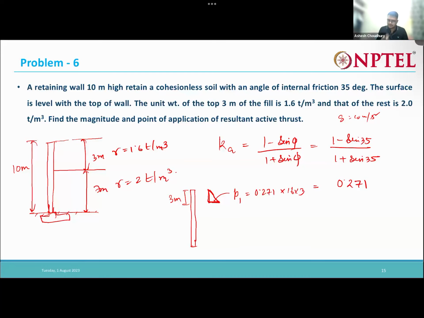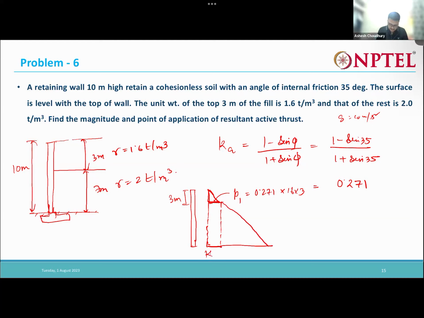Say we are plotting the pressures in this direction. So this is P1. Now for the bottom layer, the bottom 7 meters, this will be constant here. For the next bottom, the pressure triangle will behave something like this.